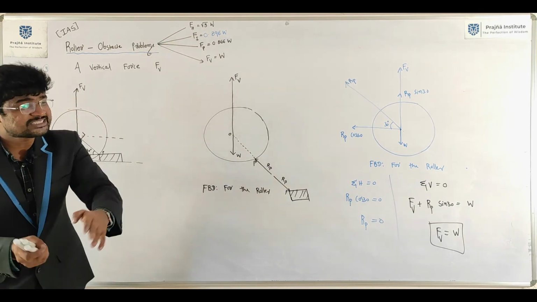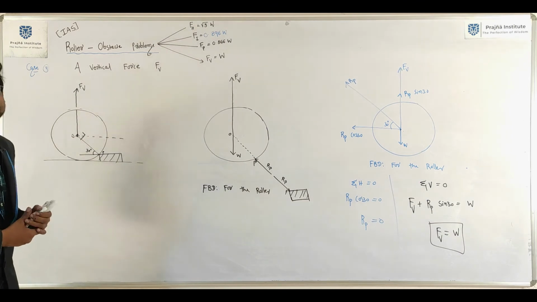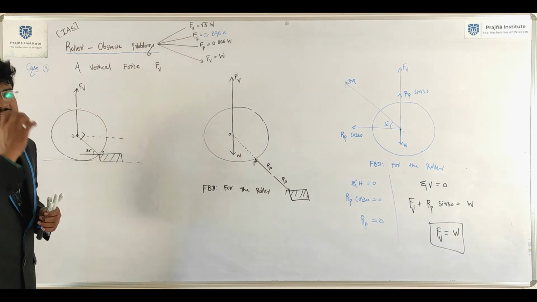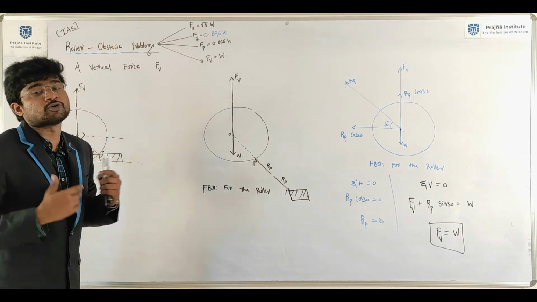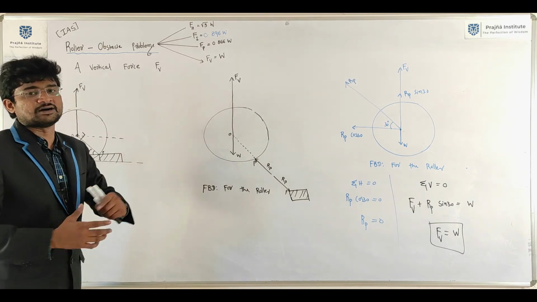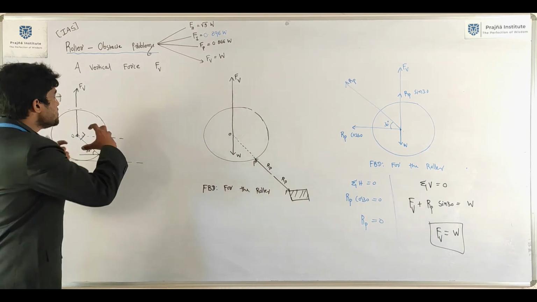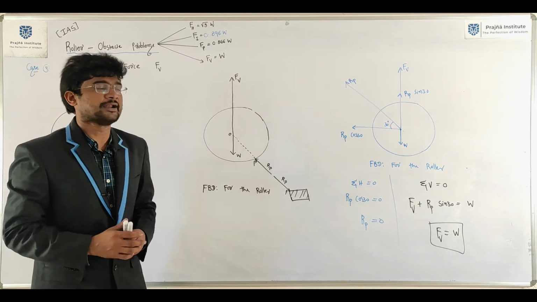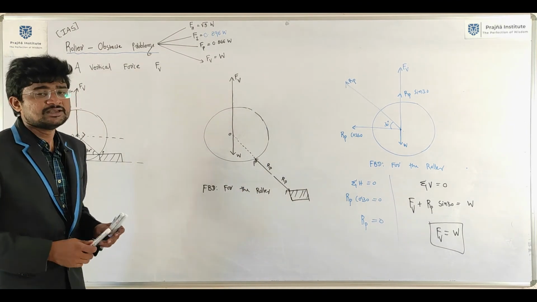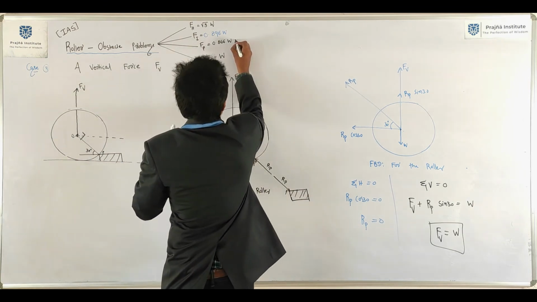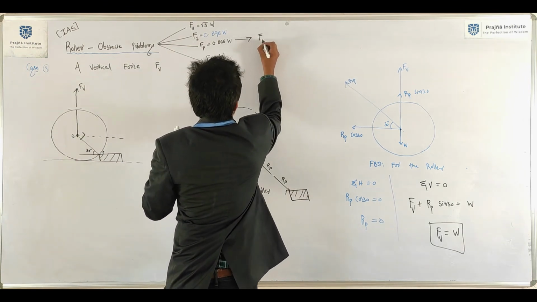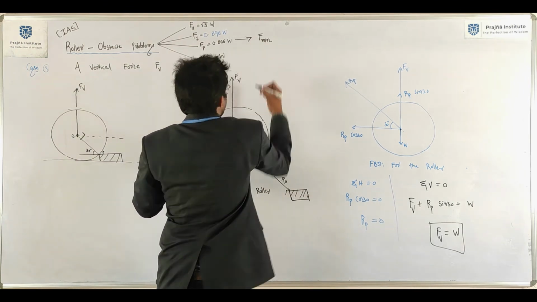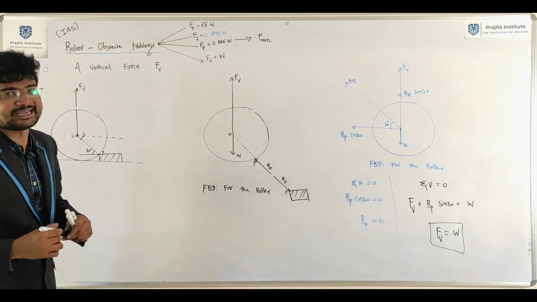Okay, so what is the question given in civil service examination is, among these 4 forces, in which case we can apply minimum amount of pulling force to pull the roller? Among these 4 cases, in which case we can apply minimum amount of force? Tell me. This minimum. Option C is correct. Okay.